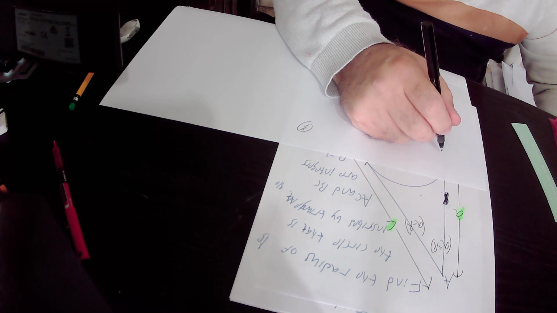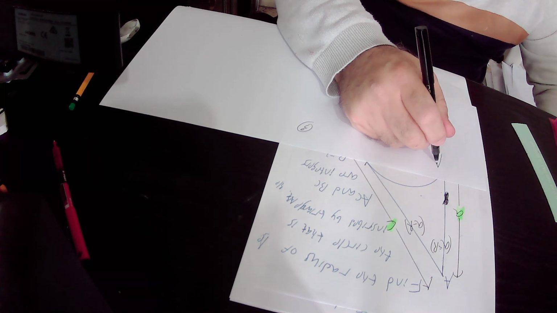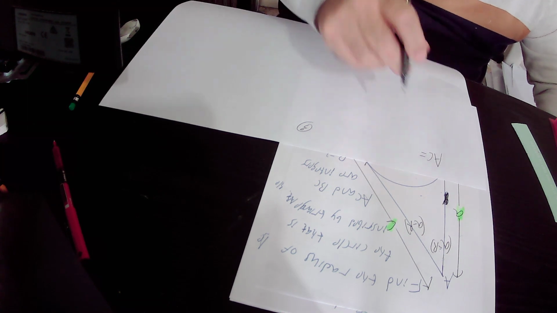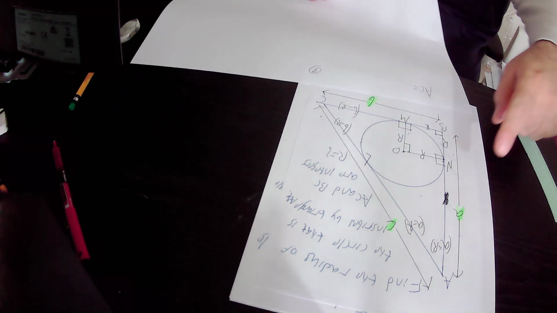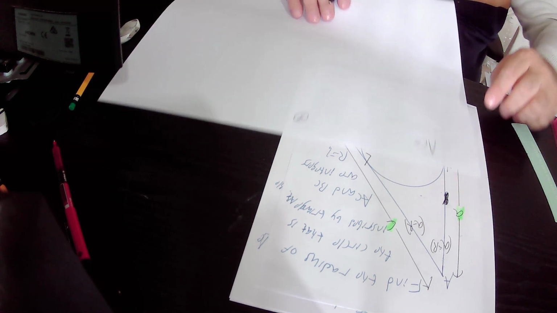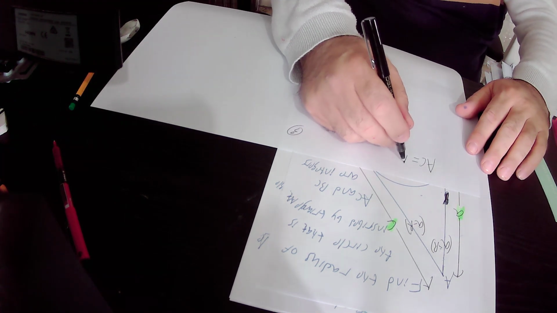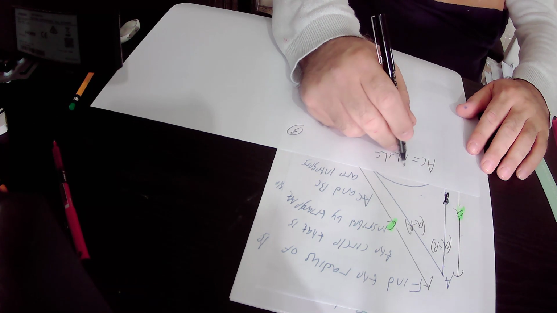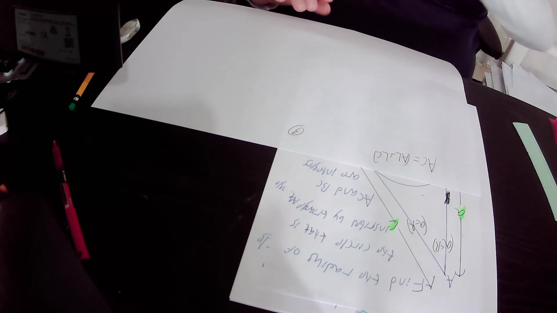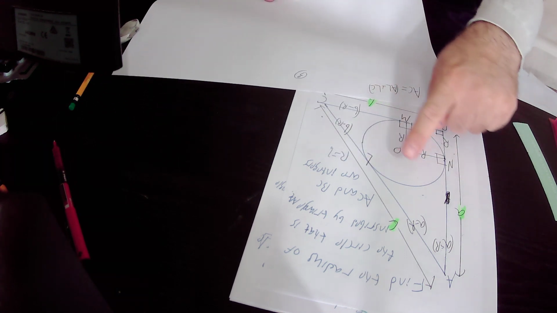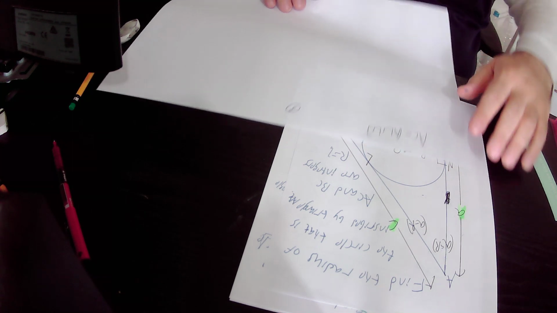The hypotenuse AC, from the drawing, you can see that AC equals AL plus LC. But AC equals C according to our definition.